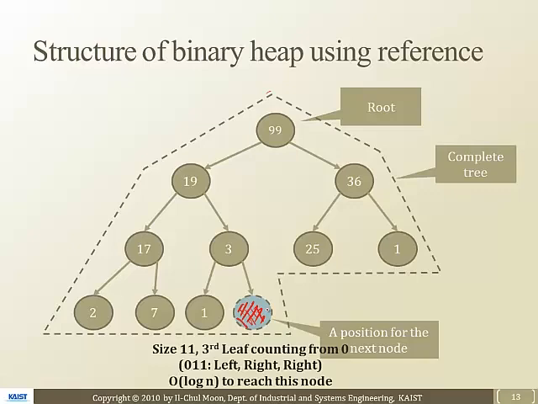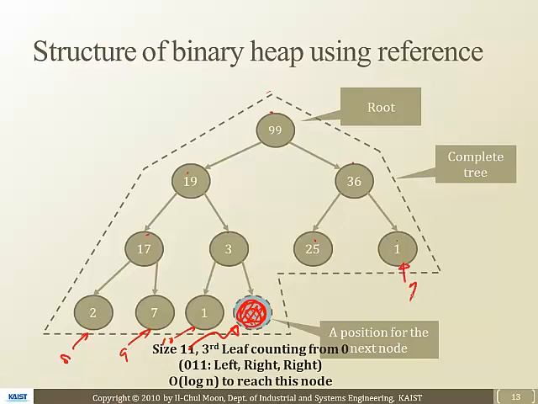So to insert the next node of size 11, counting size 1, 2, 3, 4, 5, 6, 7, 8, 9, 10, 11, we need to navigate to this certain position, indicating size 11. This is size 10 of the priority queue binary heap, size 9, size 8, and size 7 location.